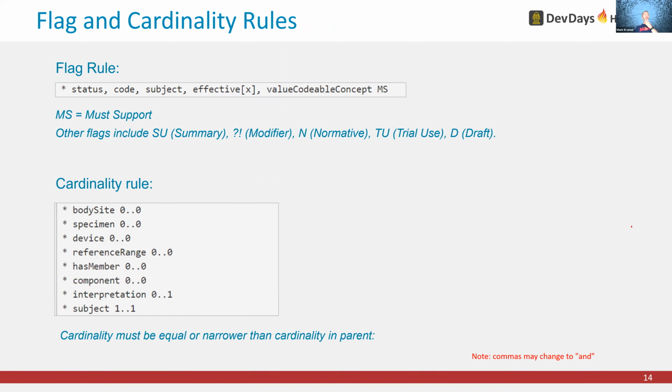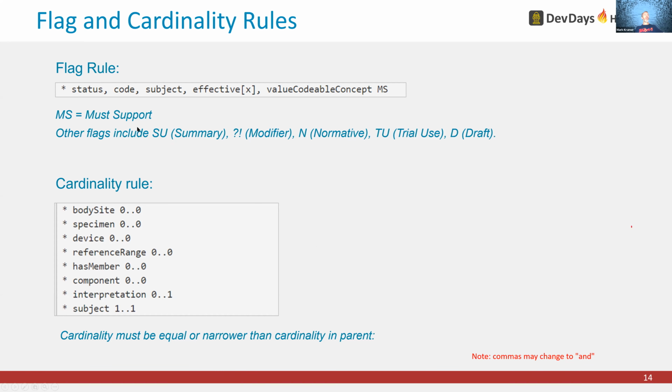Flags and cardinality rules. So flag rules are things like must support. So you'll label a few of your elements as must support. Often you'll label them with include in summary, or this is intended to be a normative element, or a trial use element, or draft element.